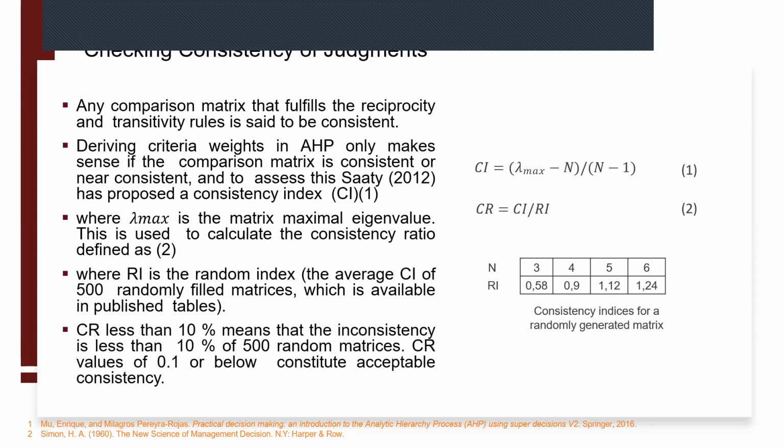I learned this when I applied the software itself, because it says the inconsistency should be less than 10% of 500 random matrices. So I checked that. I learned that only in the use of the software. So I'm sure we don't have to discuss this in detail, okay? So we have to do a consistency check.